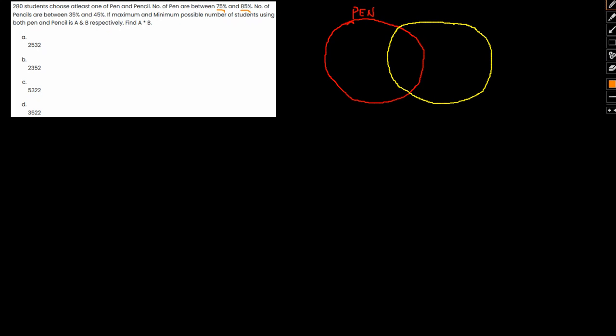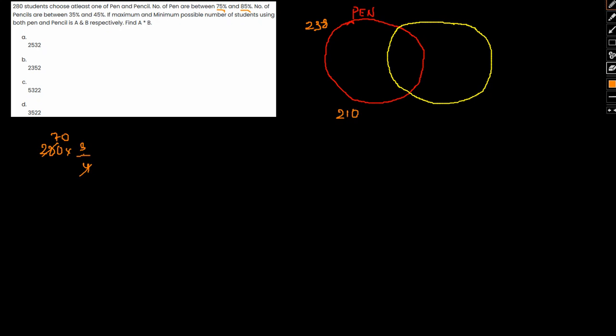So for pen we have 75% and 85%. 75% of 280, that is 280 into 3 by 4, comes out to be 210. So pen may lie from 210 to 85%, and 85% would simply be 238.